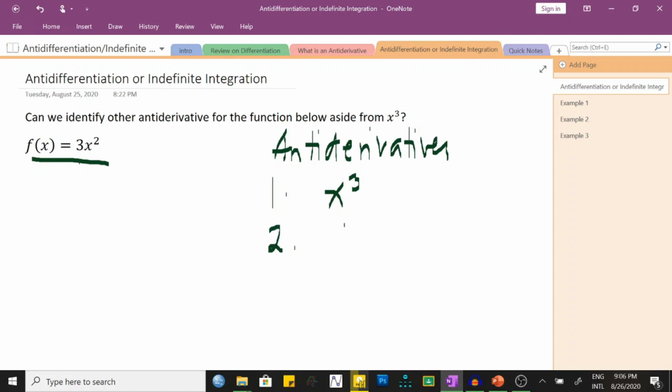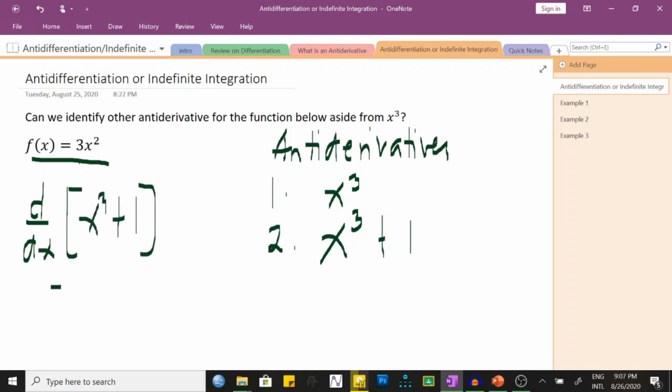If I write x cubed plus 1, surely x cubed plus 1 is different from x cubed. But when we differentiate x cubed plus 1, what is the answer?